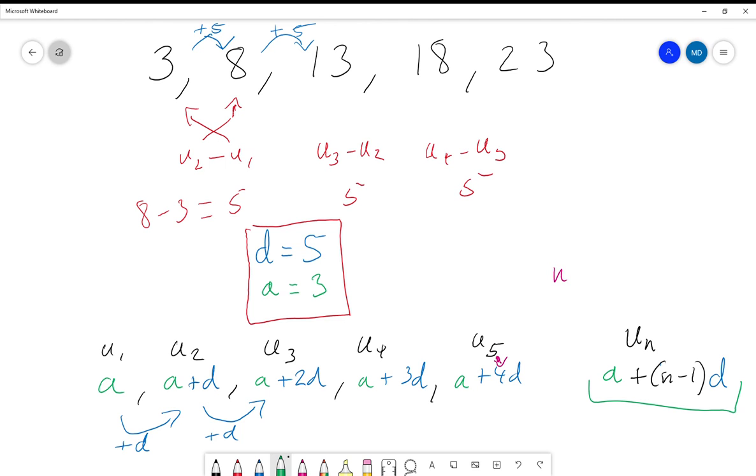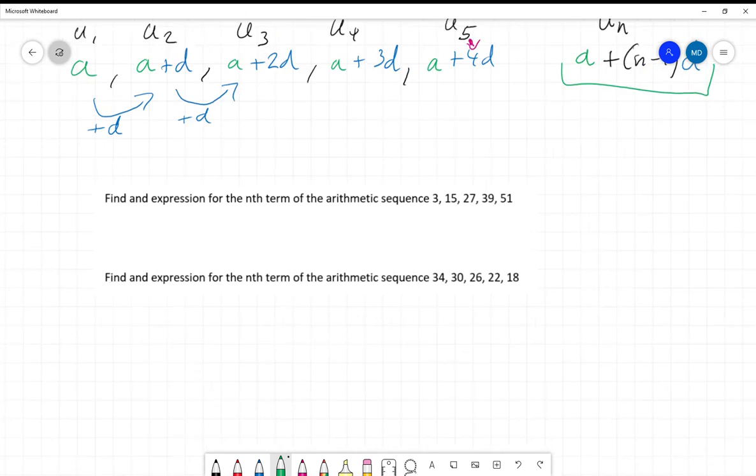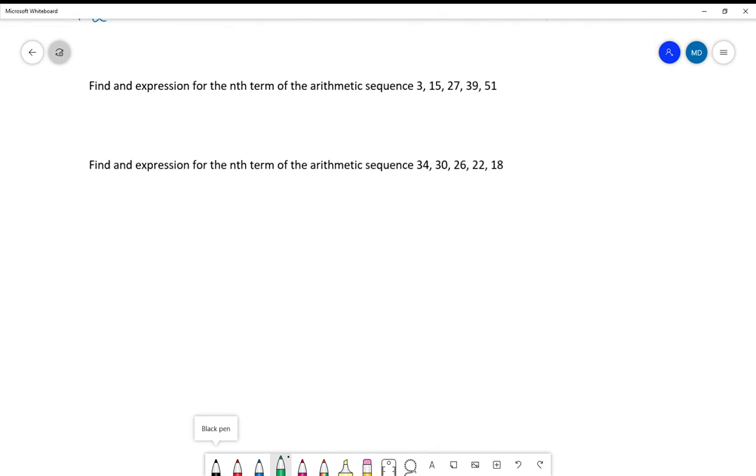Okay, so let's use that. Find an expression for the nth term of the arithmetic sequence 3, 15, 27, 39, etc. So first of all, a is going to be equal to 3. And what is d? Well, the common difference, 15 take away 3 is 12, 27 take away 15 is 12, our common difference is 12, and therefore our nth term is un equals a plus n minus 1 d.